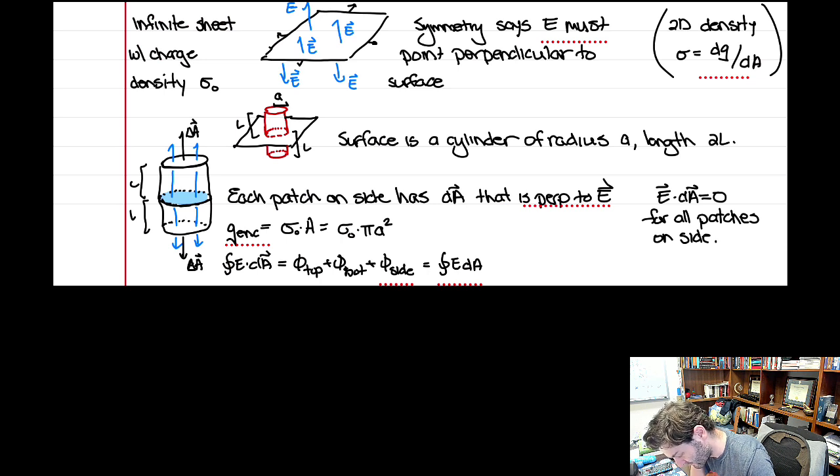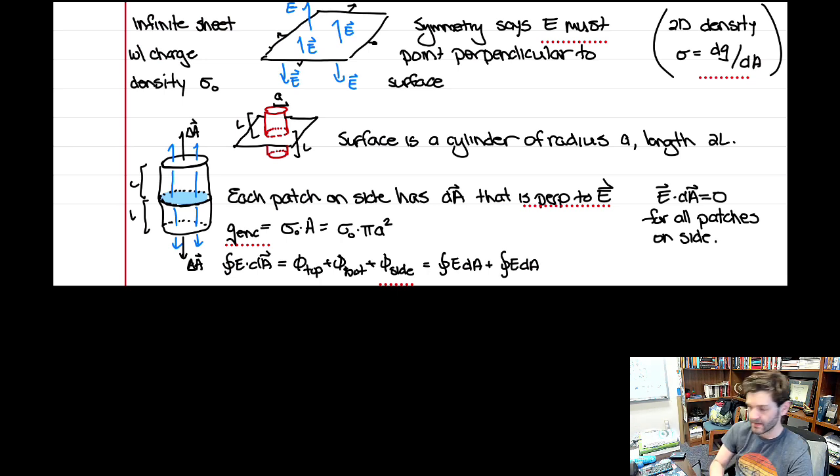For the bottom, it ends up being the same integral, because E is now pointing down, but the area vector is also pointing down, so the angle between them is still 0. The dot product is still the same. And since it's the same distance away from the sheet, we know that these two E's I've written down are the same number. Plus the side, which we said was 0.